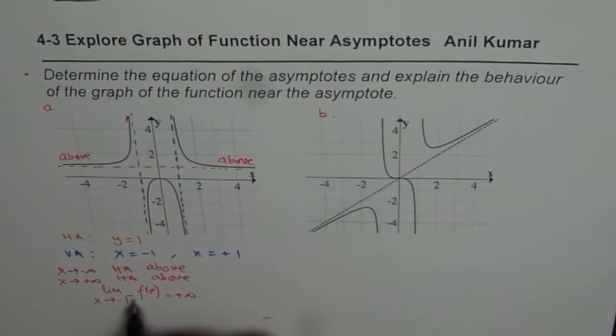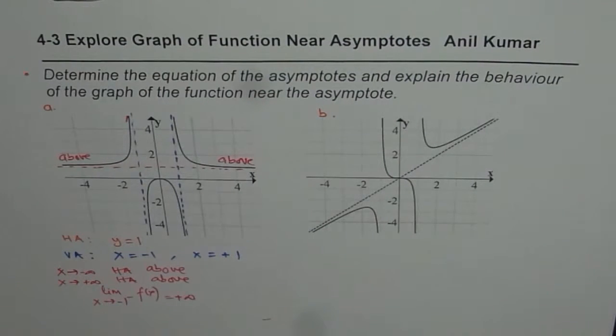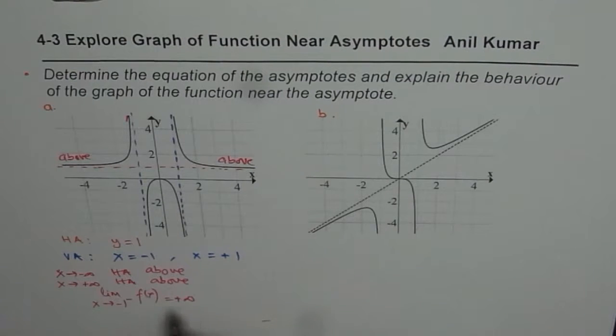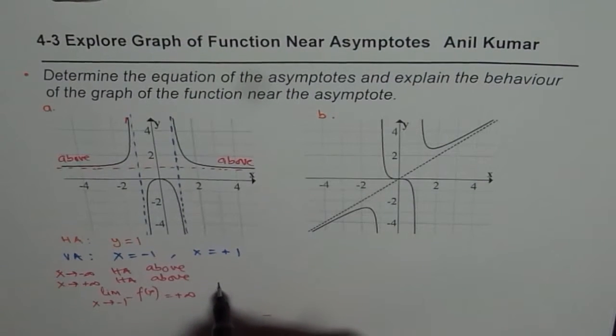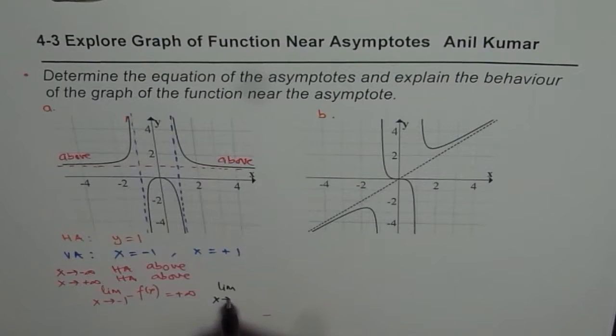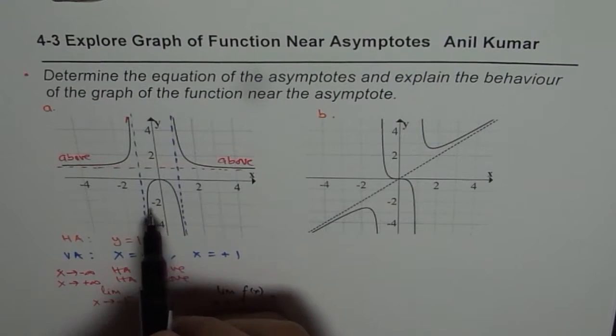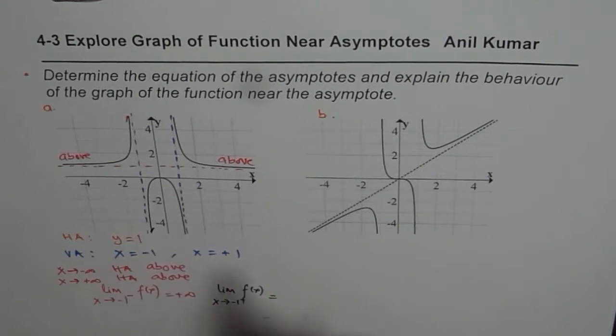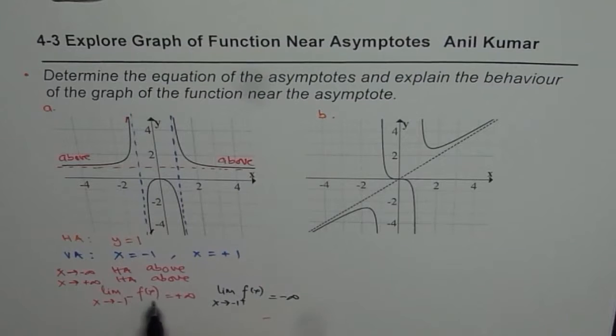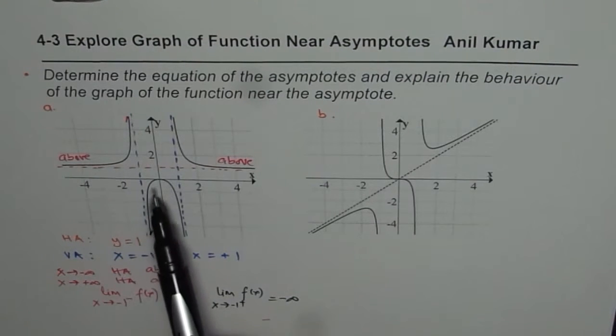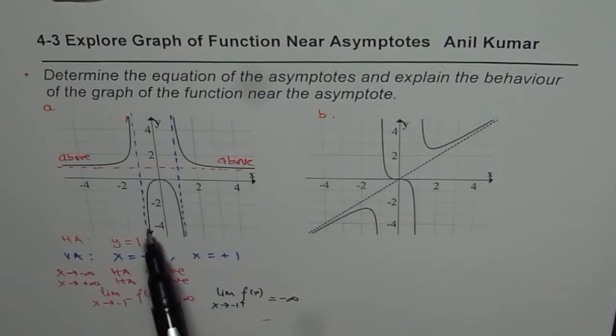However, when x approaches negative 1 from the right side, the limit is negative infinity, right? So that is how you analyze the behavior of the function near the asymptotes.